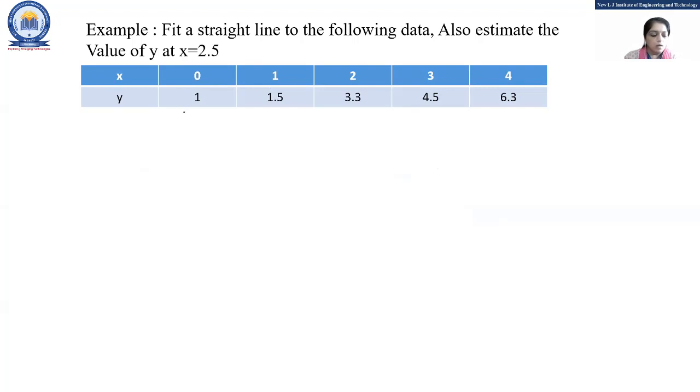Here, my question is again for the straight line.